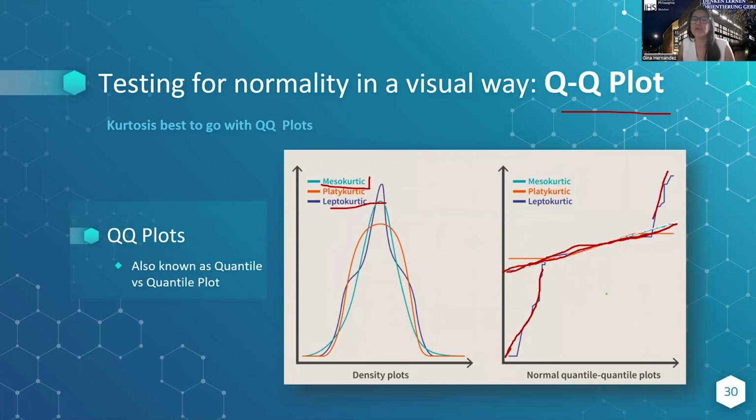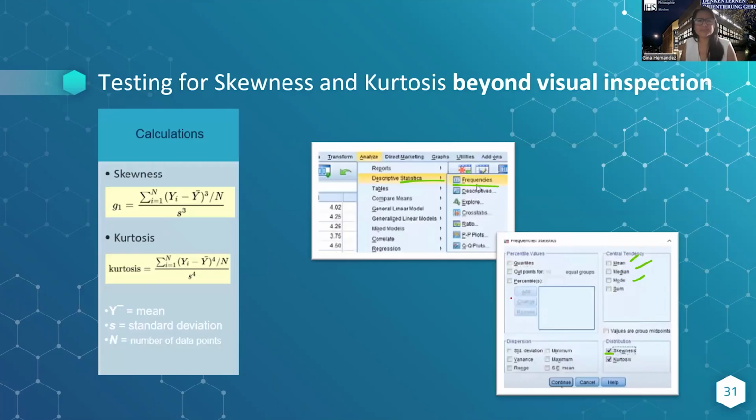We say heavy tails when it's going far away from the hypothetical normal distribution. So here is how you can use and interpret QQ plots and box plots. At this point, I don't know if you have questions regarding this. This is a graphical way to explore the normality of your data, if you're looking for skewness or kurtosis, but it's not the only way.